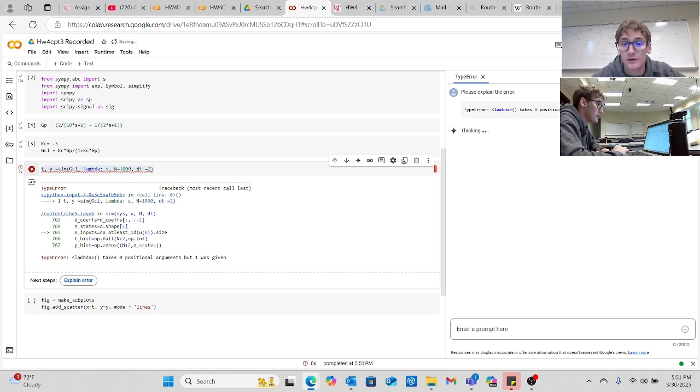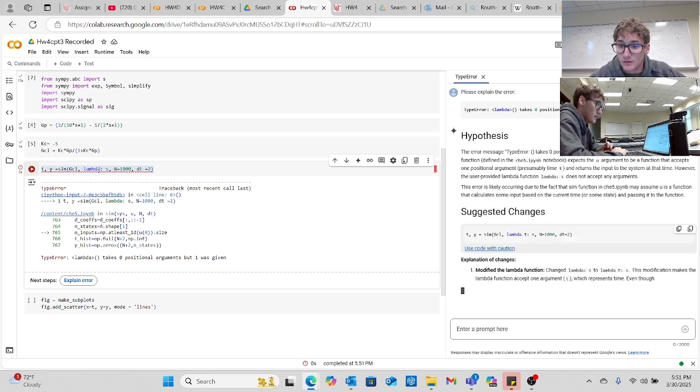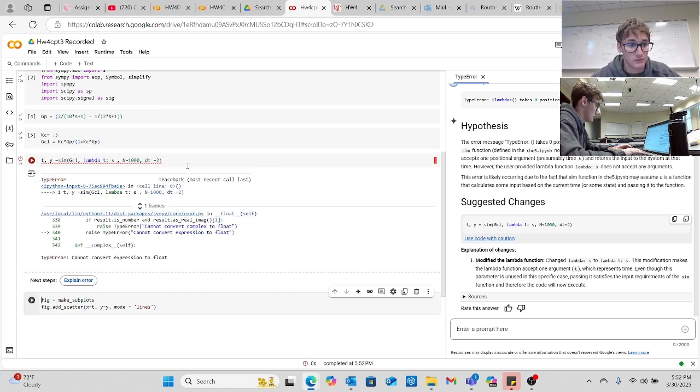Explain error. I just think I'm missing something dumb. Oh, are you kidding me? I put the S. Cannot convert expression to float.